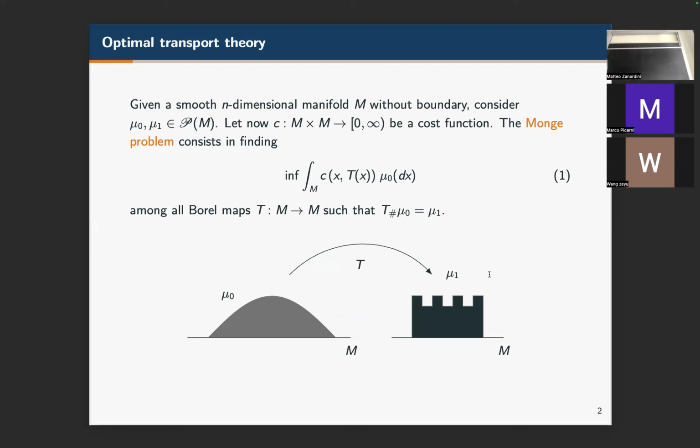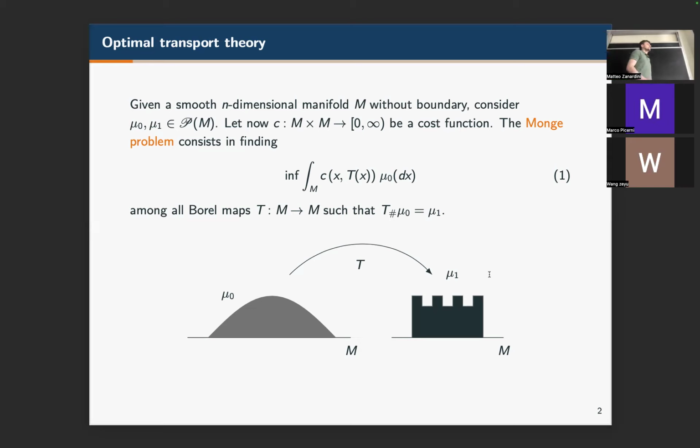I mean, the easiest possible problem that one can introduce is the so-called Monge problem. You can consider a smooth n-dimensional manifold without boundary. Consider two probability measures on it, mu0 and mu1, and a given cost function, which is a function of the product space M by M into the non-negative numbers, which is the so-called cost function.